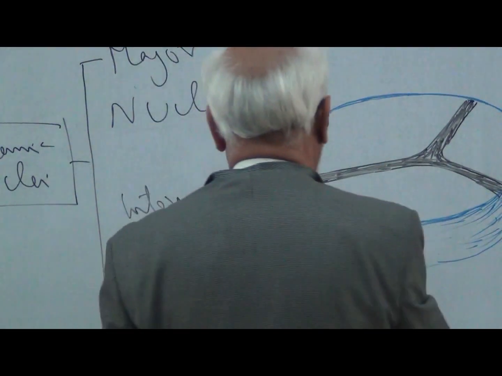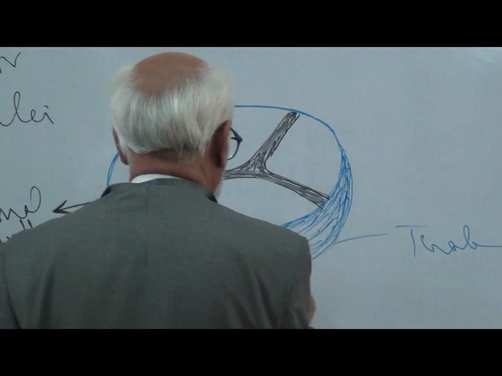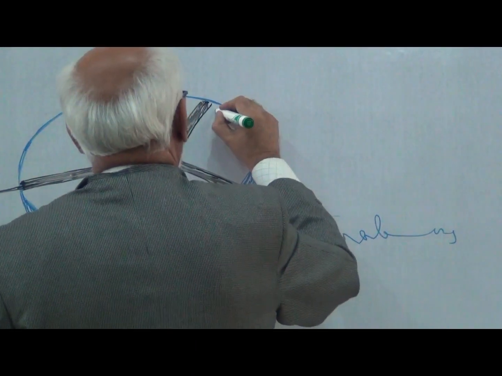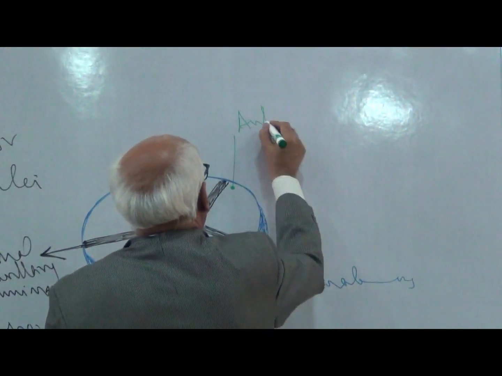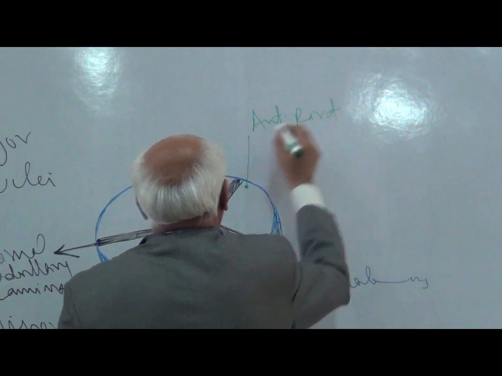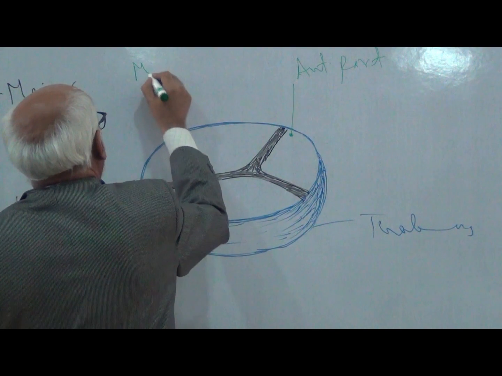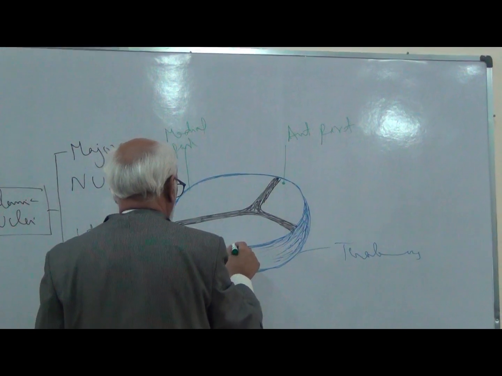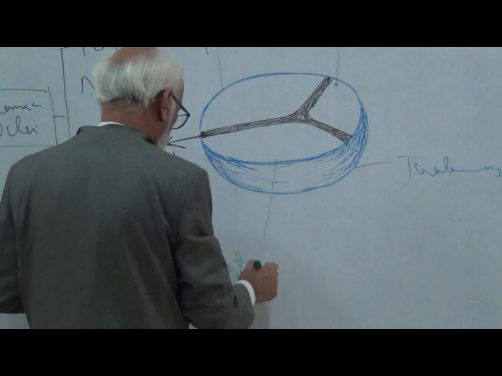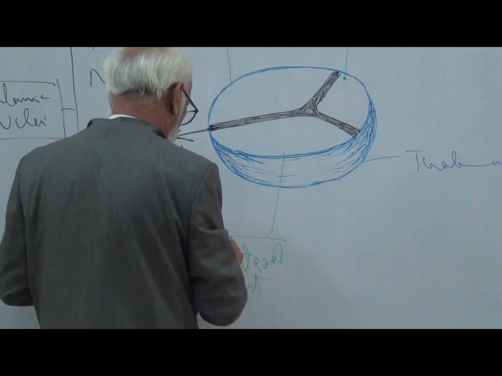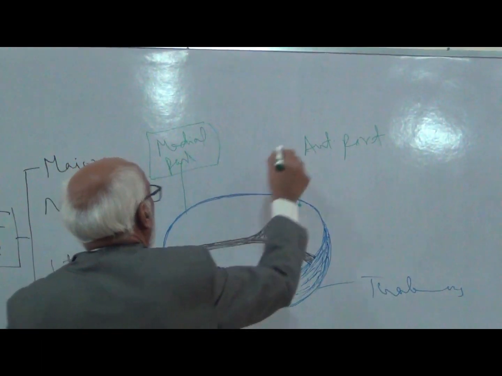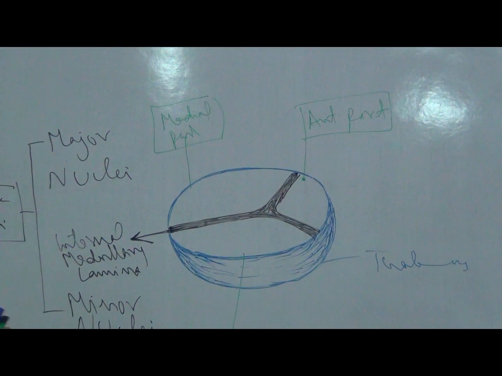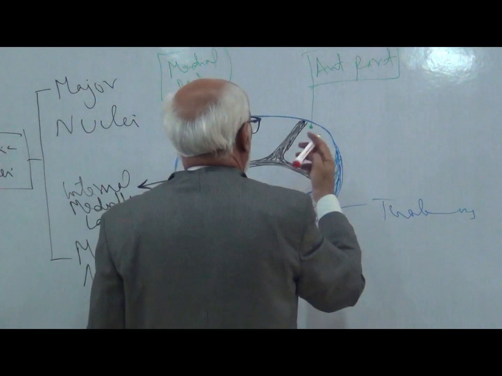Now dividing the thalamus into three parts: anterior part, medial part, lateral part. Now in each part there are major nuclei. In the anterior part there is one nucleus.